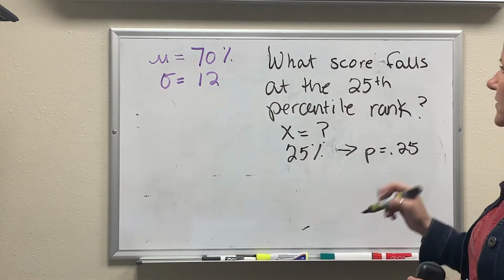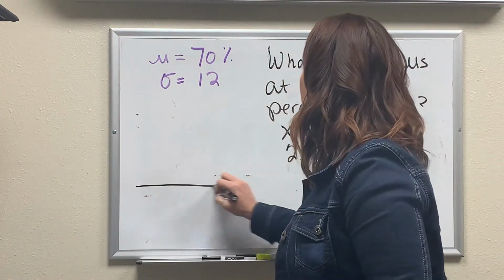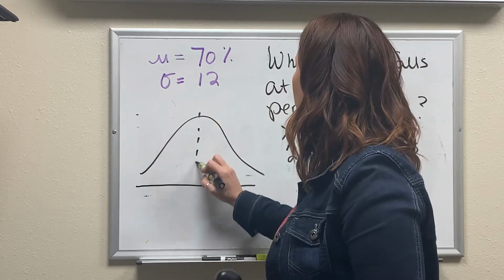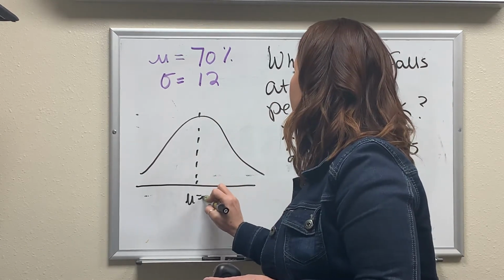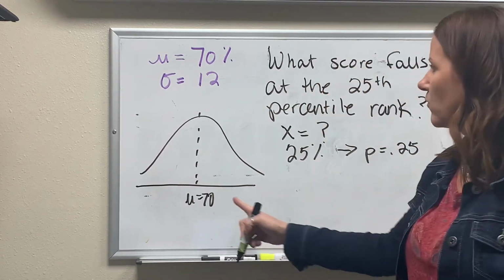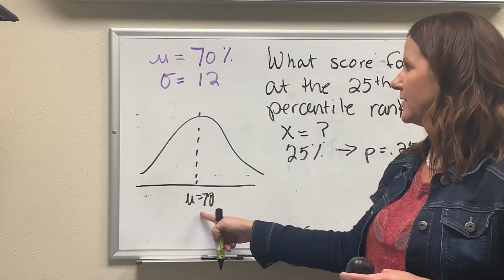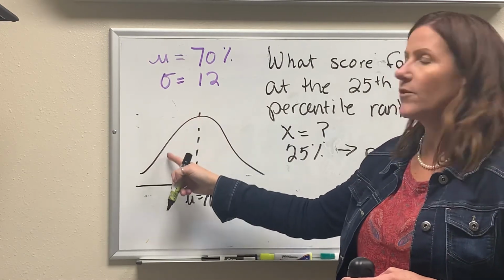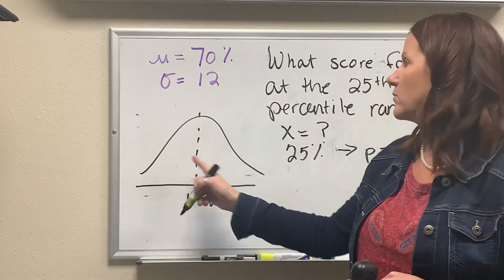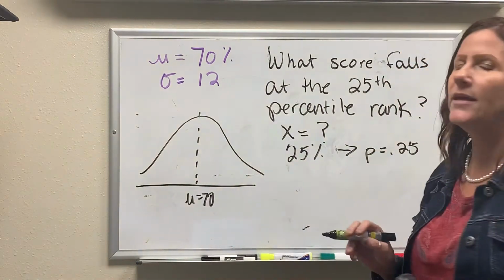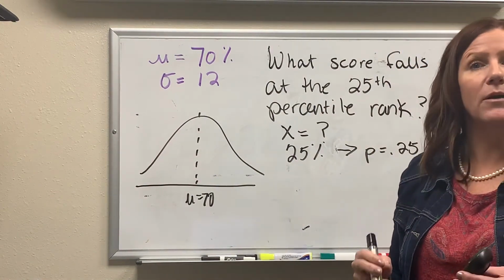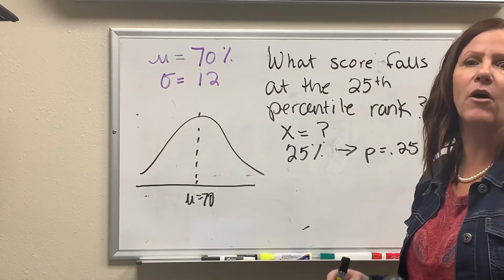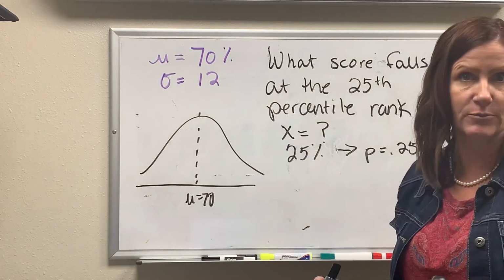So we want to find that score. So let's draw our distribution. Okay, here's our mean of 70. Now right at 70, a mean of 70 is the 50th percentile. As we go lower, the percentile gets lower because we're looking to the left. Remember, the definition of percentile rank is the proportion or the percentage of scores that fall below a certain point in a distribution.